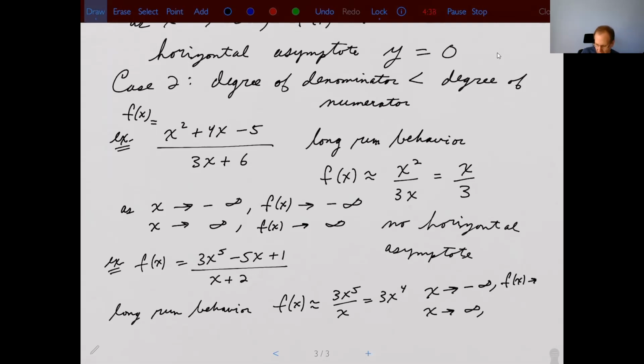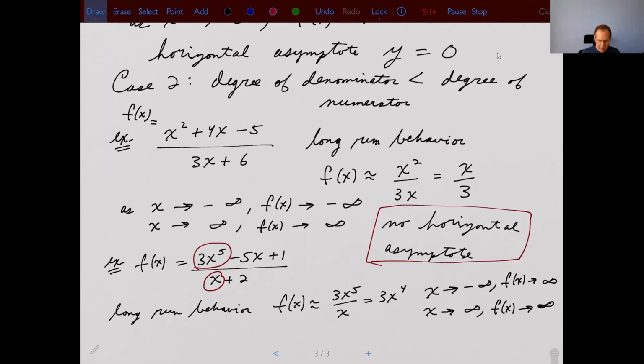And in fact, since I have 3x to the fourth, if x heads towards negative infinity or towards positive infinity, the function is going to approach infinity. So again, we'd say that there's no horizontal asymptote. So anytime the degree of the denominator is less than the degree of the numerator, you just have to look at the leading terms. Then there's no horizontal asymptote.